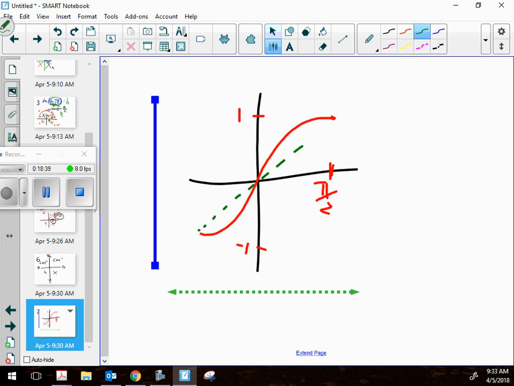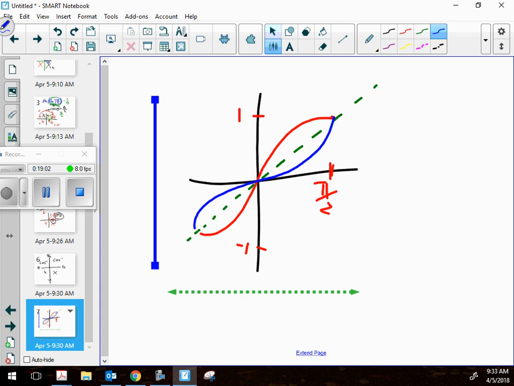An inverse is a reflection across that line y equals x. So therefore, that's what inverse sine looks like. It's a reflection across that line. And do you remember that inverses have the x's and y's get flipped?